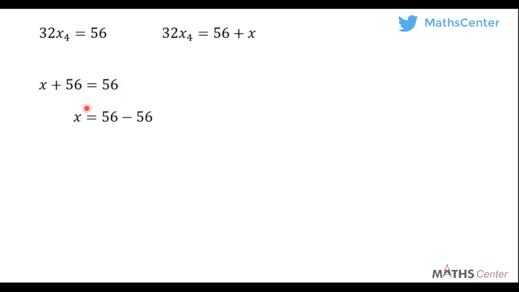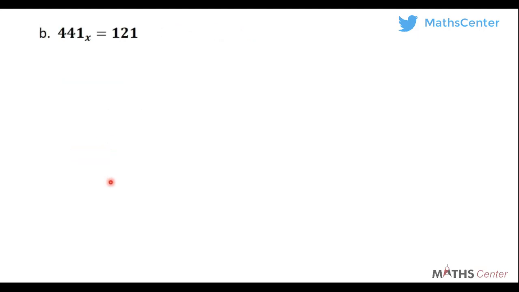So x is equal to 56 minus 56, so x is equal to 0. So the x in this equation is 0. It means that 32x base 4 is actually 320 base 4, since we have found x to be 0. It's pretty simple, right? Let's pick the next example.